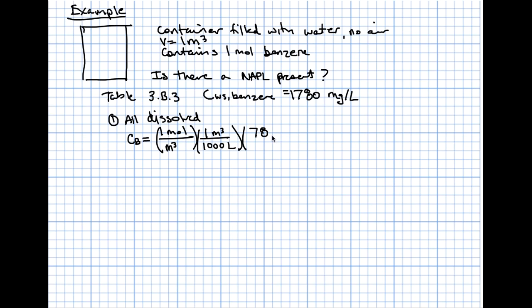So the molecular weight is 78 grams per mole, and convert to milligrams, and we get 78 milligrams per liter. So then we can just compare that with the water solubility, which is much, much greater. So we conclude that no NAPL is present.